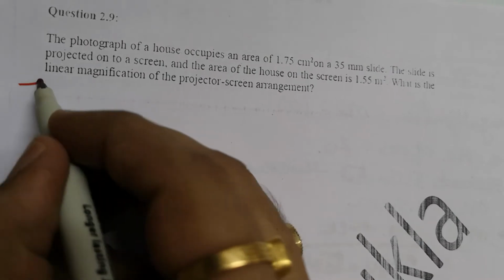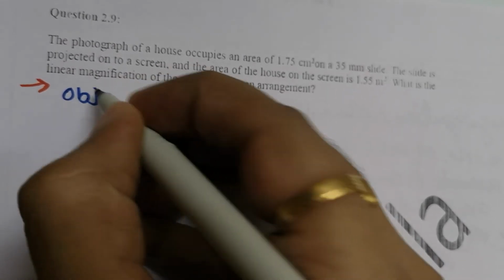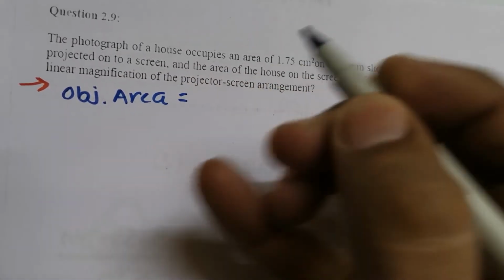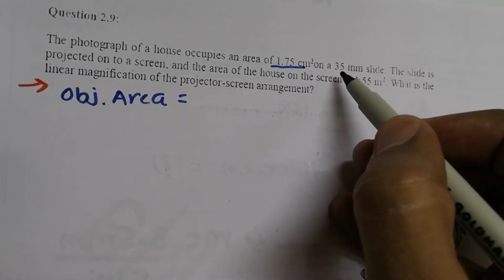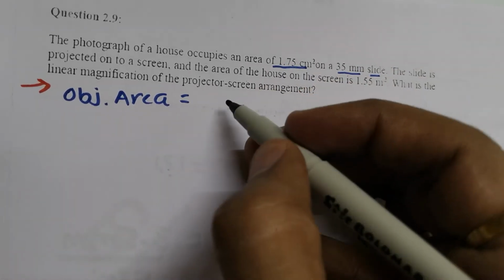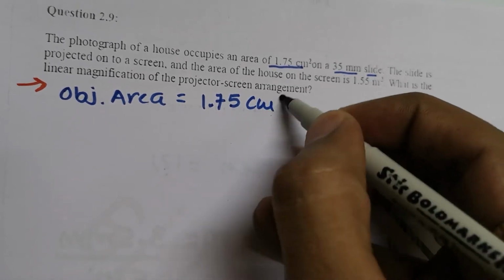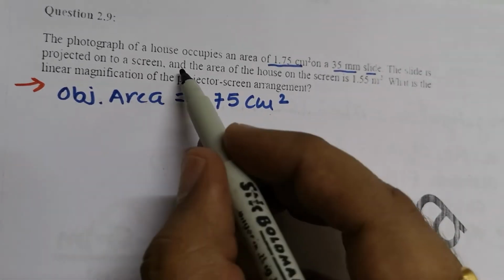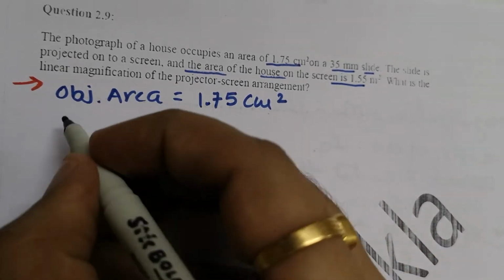So first of all, my data for the given part is the object's area. It is occupying an area of 1.75 centimeter square, and it is projected from a 35 millimeter slide on a projector. It is projected on the area of the house on the screen. It is called its image area.